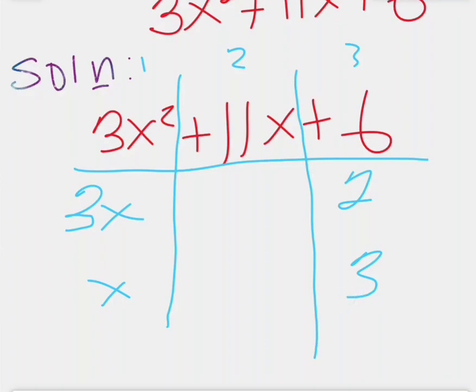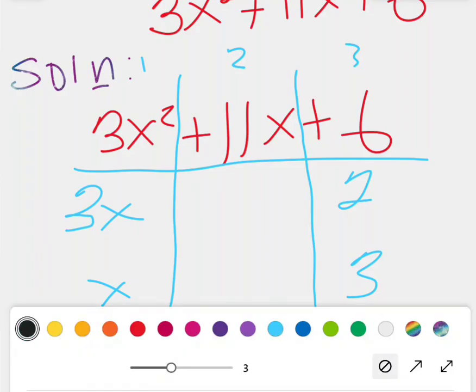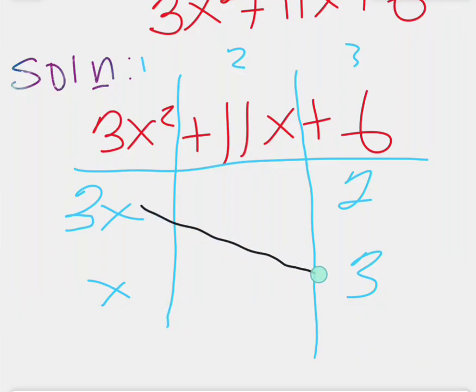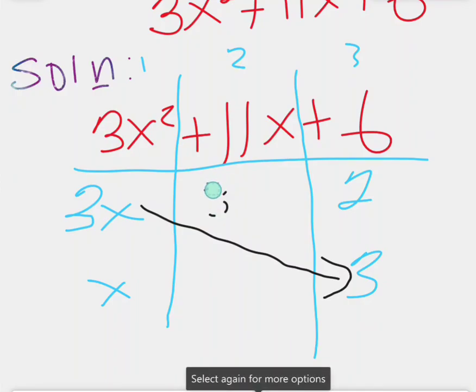Now the next step is to multiply diagonally. So 3x times 3 is going to give me 9x.